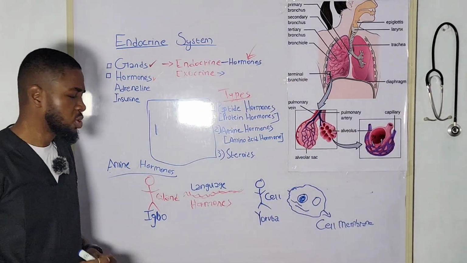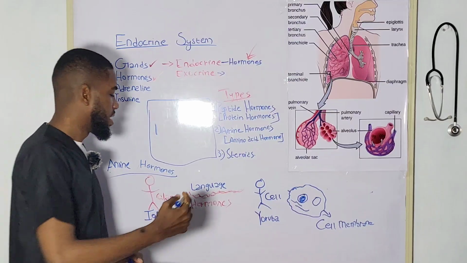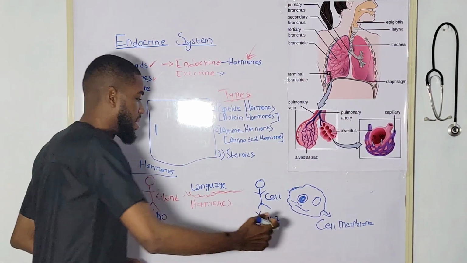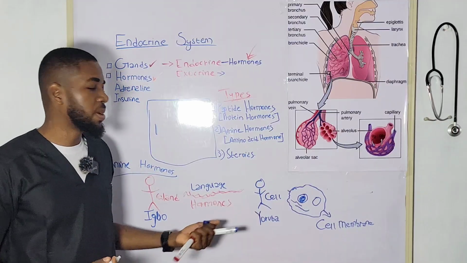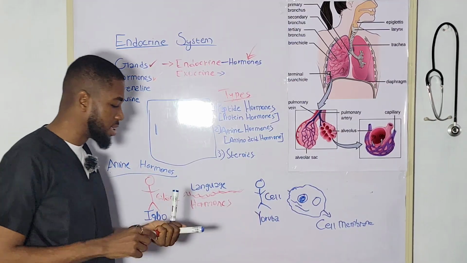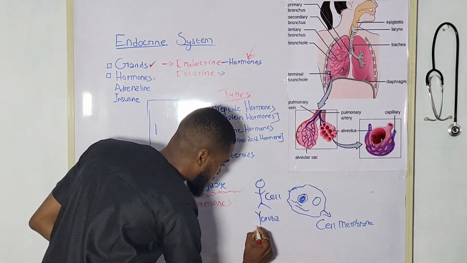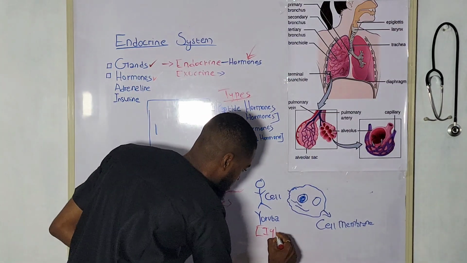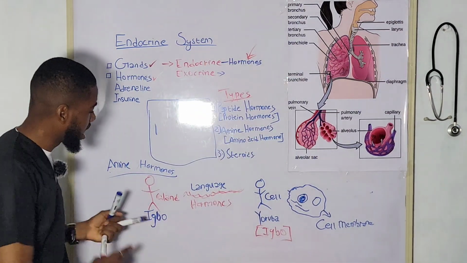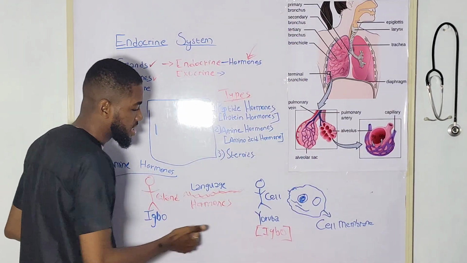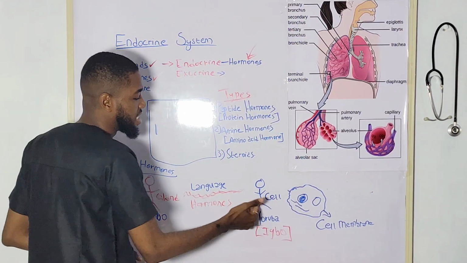So what it means is that I am an Igbo guy, and the person I'm communicating with is Yoruba. But that Yoruba person also understands Igbo to an extent or completely. So when I am communicating, this guy does not need an interpreter.